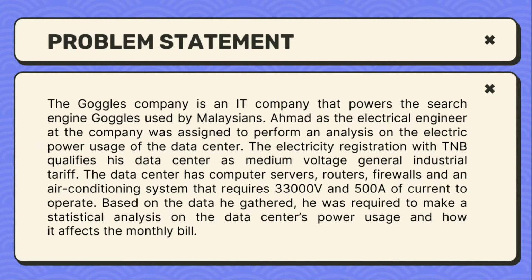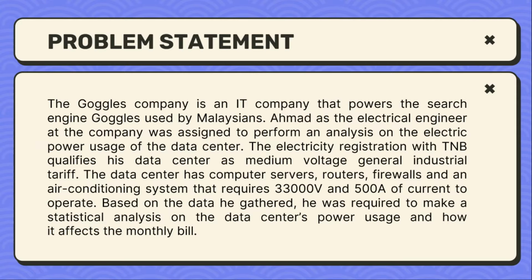The Google company is an IT company that powers the search engine Google used by Malaysians. Ahmad, as the electrical engineer at the company, was assigned to perform an analysis on the electric power usage of the data center. The electricity registration with TNB qualifies his data center as medium voltage general industrial tariff.